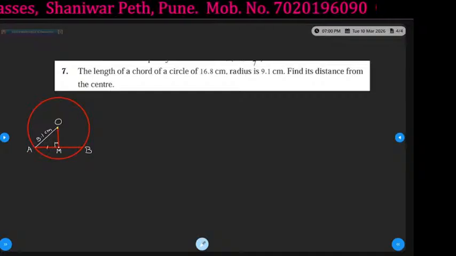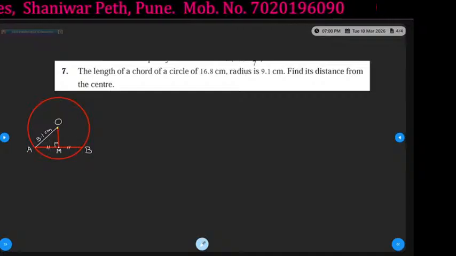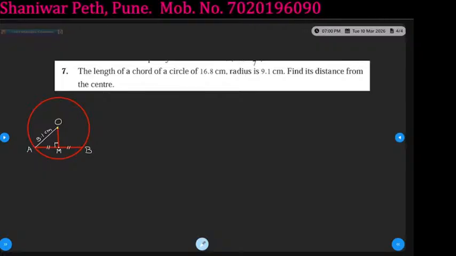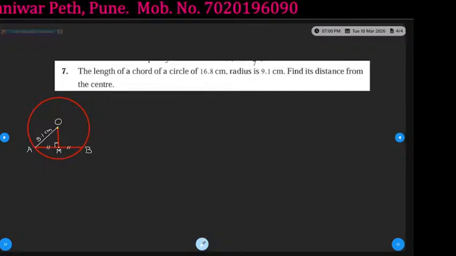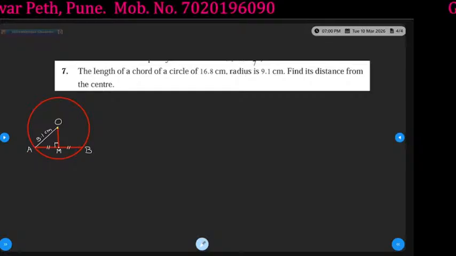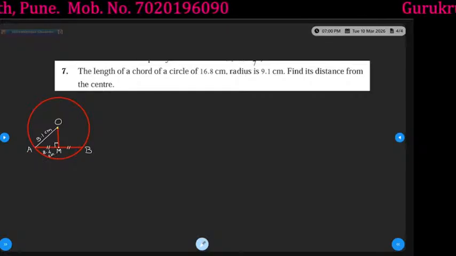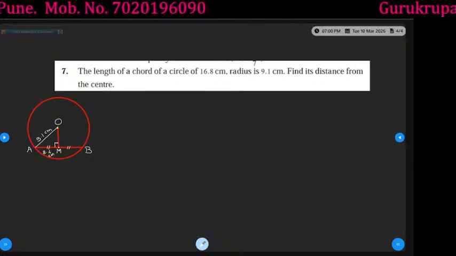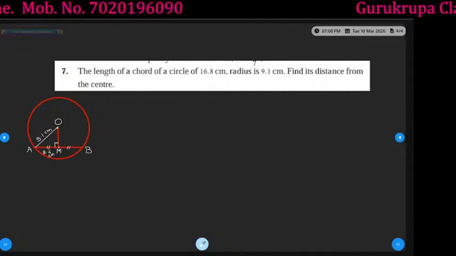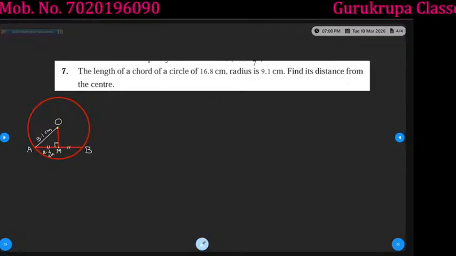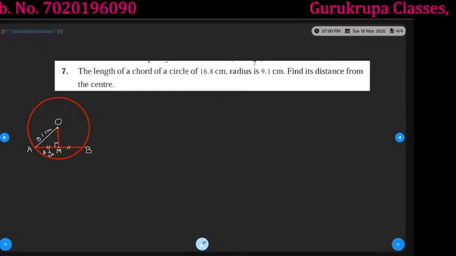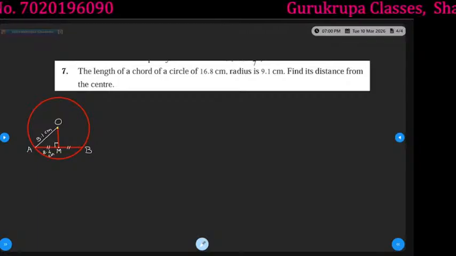Now as we know that perpendicular drawn from the center, that is distance, bisects the chord. So chord has two parts. 16.8 divided by 2, we get 8.4 cm. So now here we have a right angle triangle AMO.